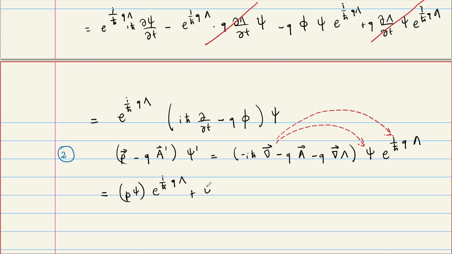So this is psi e to the I over h bar q lambda, and this minus I h bar, and I have I over h bar q gradient of lambda, and these other factors minus q A minus q gradient of lambda.